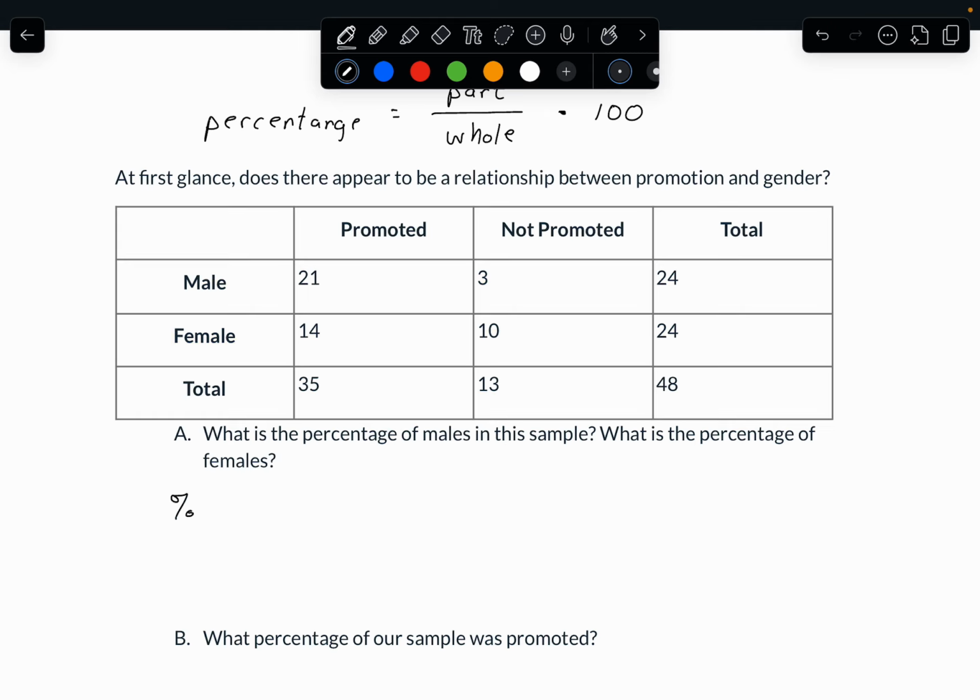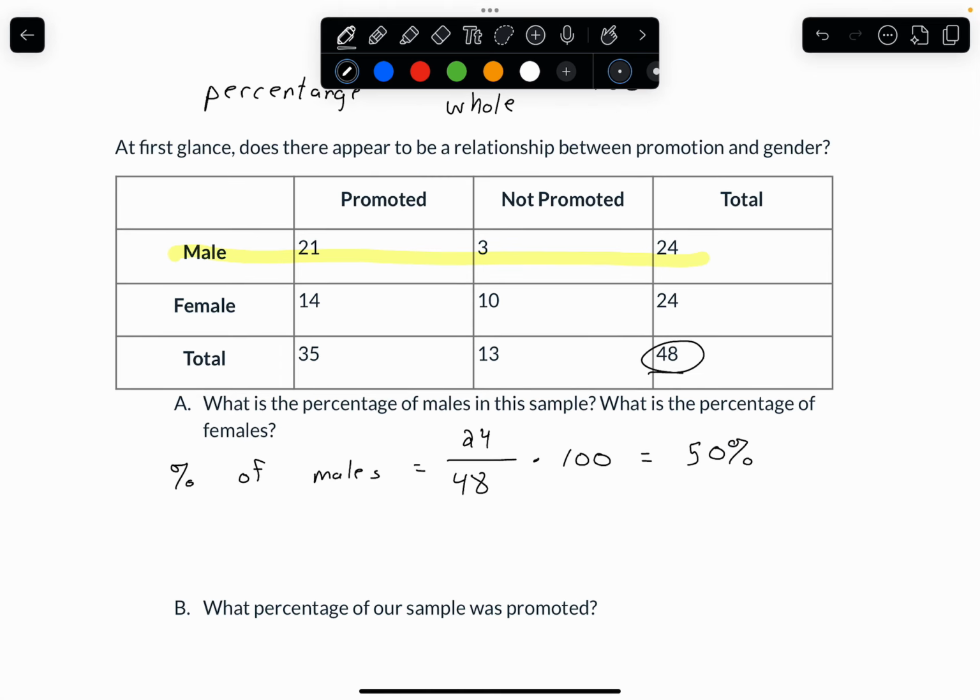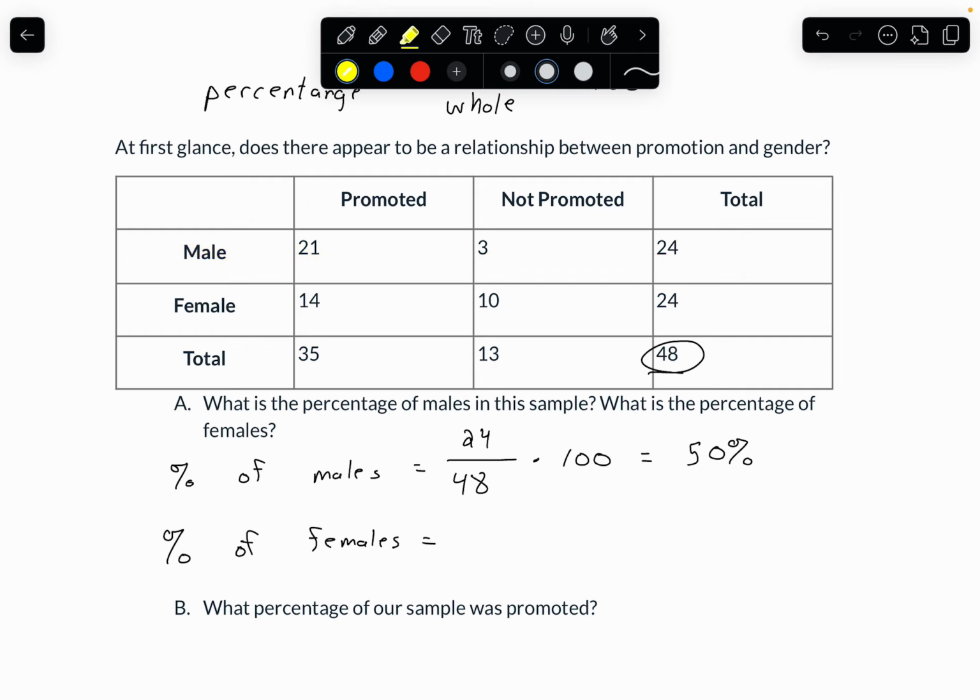If I want to talk about the percent of males, I'm going to look at the total number of males. For my males group, the total number of males is 24, so 24 out of a total of 48. Then I multiply it by 100, so I should end up with exactly 50% because it's split down the middle, 50-50. For the percent of females, I do the same thing, looking at the total number of females, which is 24.